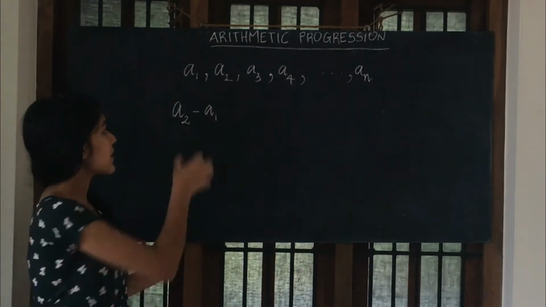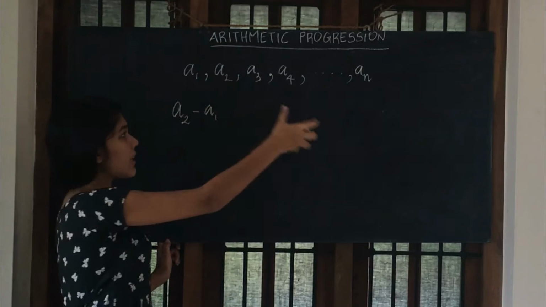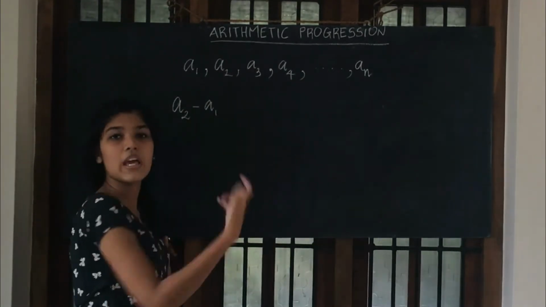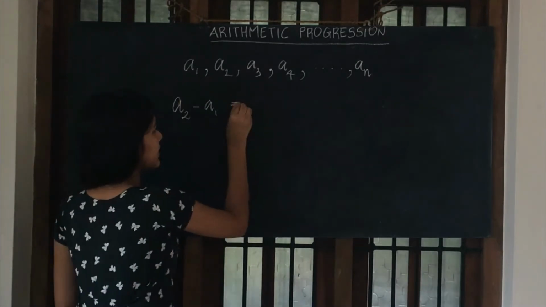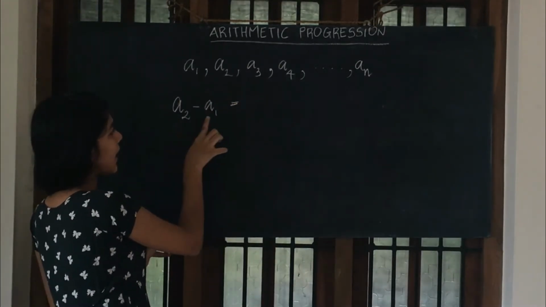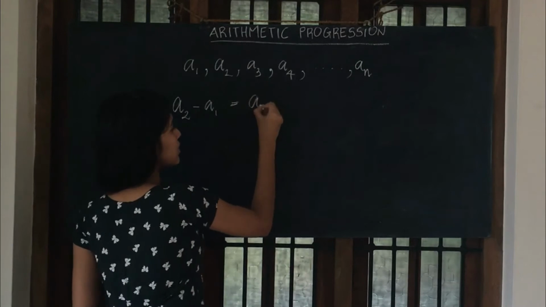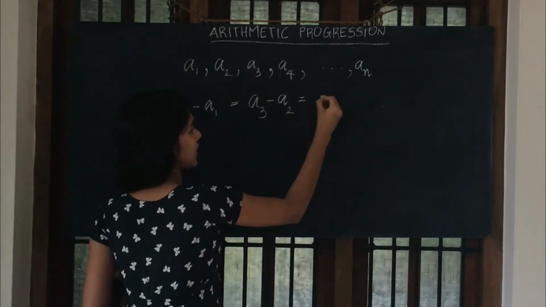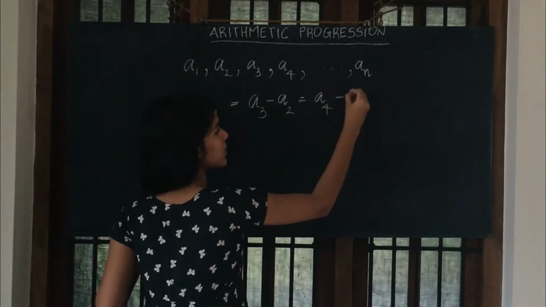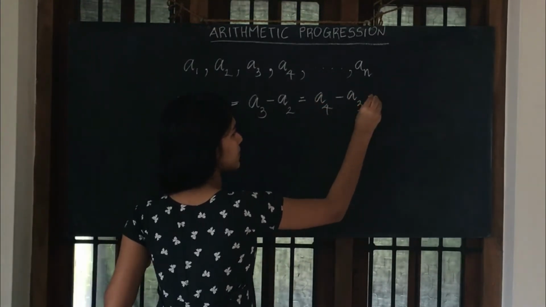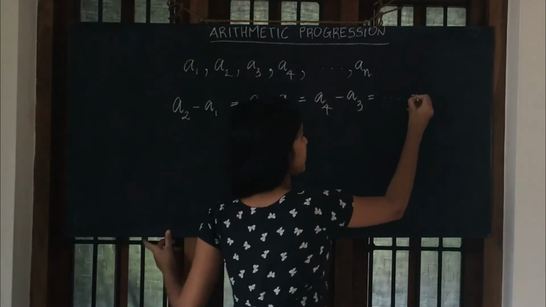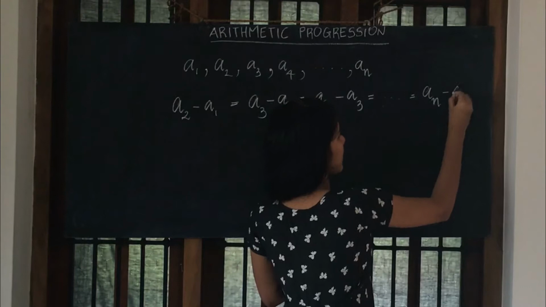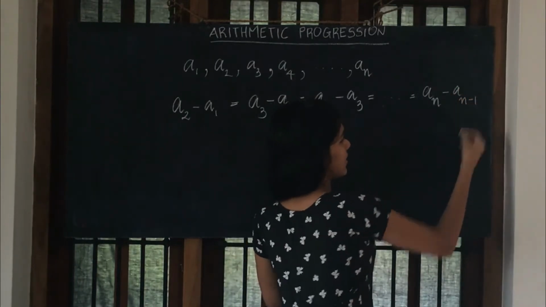And also this difference must be equal to the difference of any two adjacent terms. That is, the difference of the second term and the first term must be equal to the difference of the third term and the second term, equal to the difference of the fourth term and the third term, which is also equal to the difference of the nth term and the n minus 1th term.